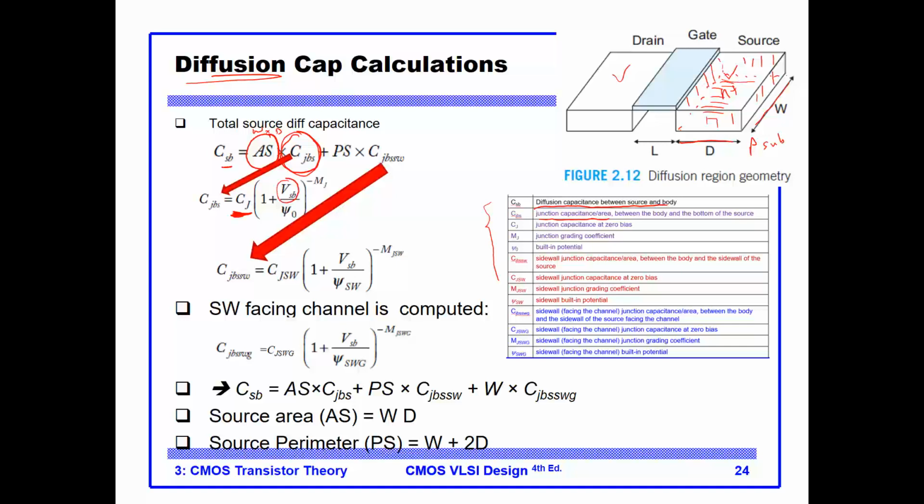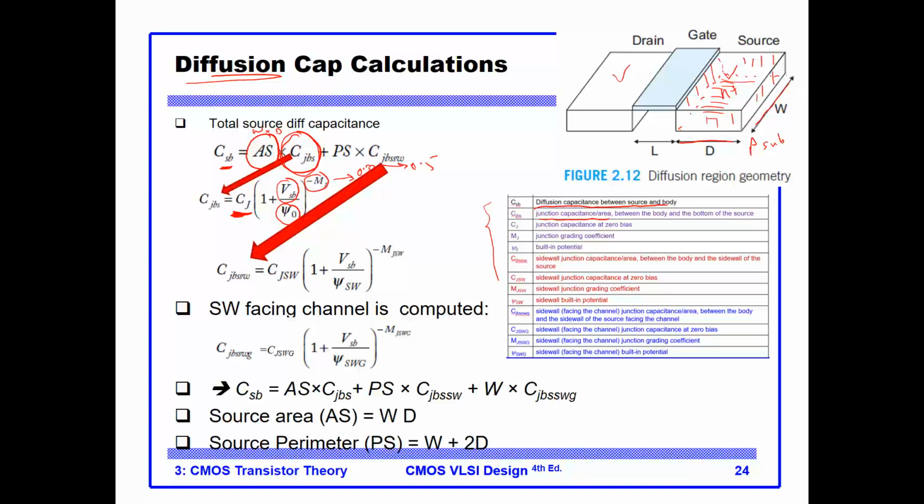Why the source? Because we are computing the source to the body capacitance here, divided by the built-in potential, raised to this exponent, which is called the junction grading coefficient, typically MJ between 0.33 all the way to 0.5.